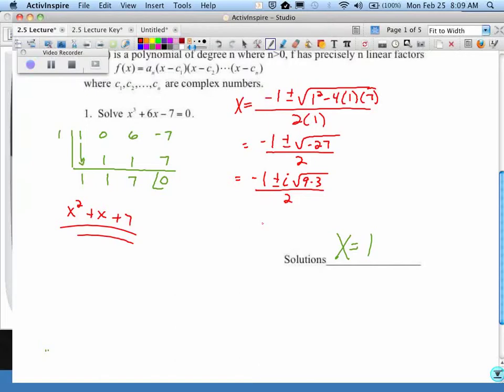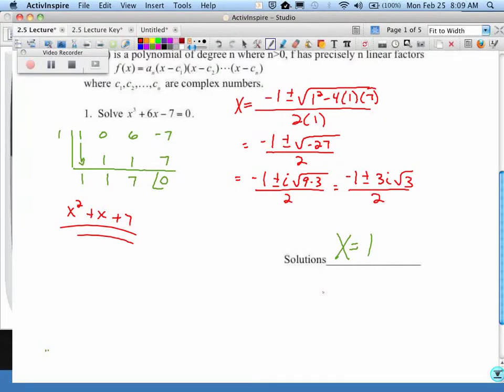So now we know it's a complex or imaginary number. Which one can you take the square root of, 9 or 3? So now you have negative 1 plus or minus 3i root 3 all over 2. And we're done. That's as far as we can simplify it.